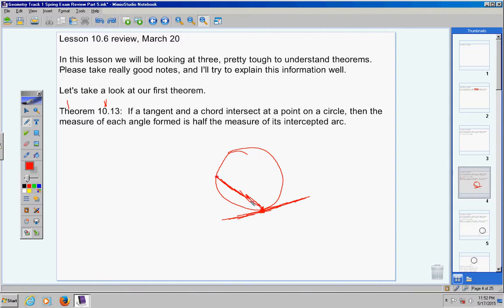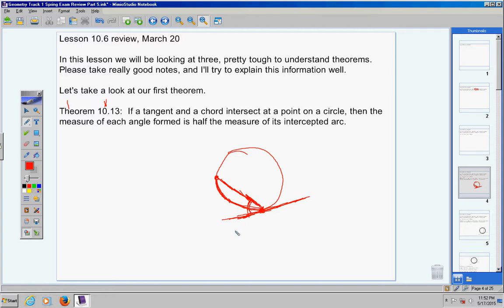Over here, this whole angle is going to be half the length of its intercepted arc. That intercepted arc runs from there down to there. So whatever the measure of that arc is, that angle will be half of that.